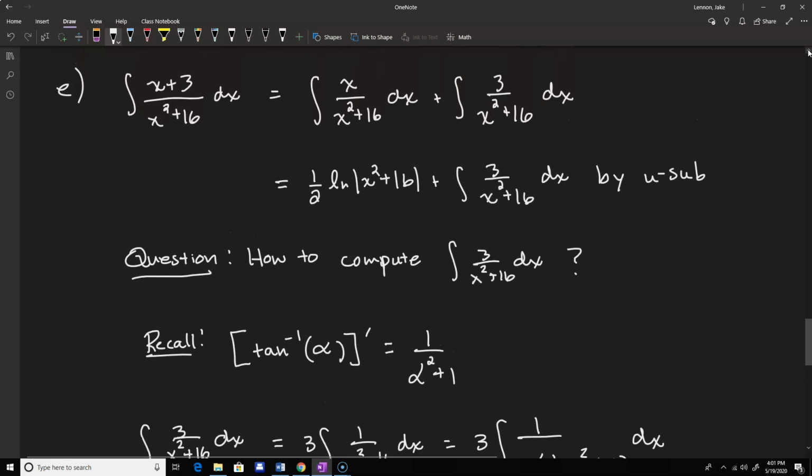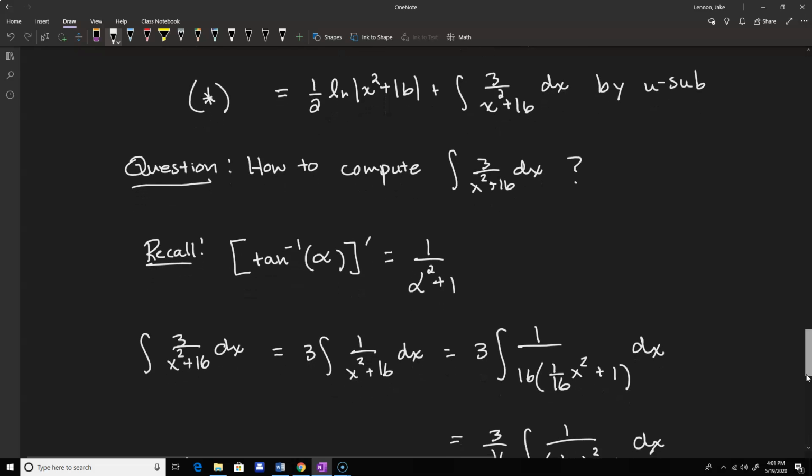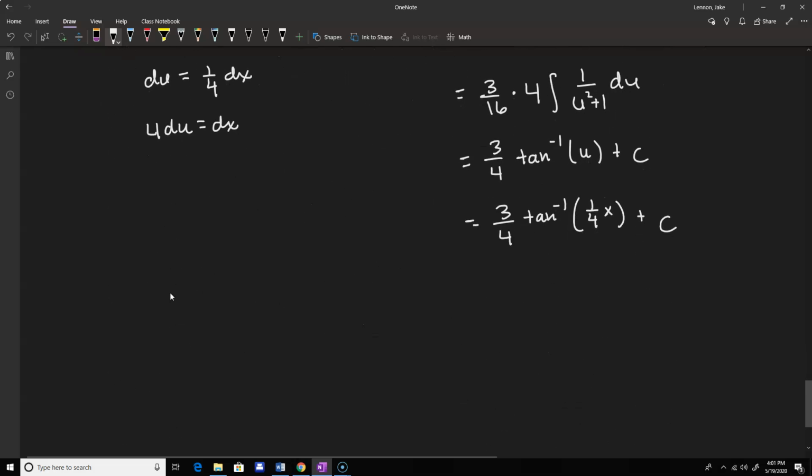So if we call this right here equation star, replacing this expression in star, we have, so what was the original integral?